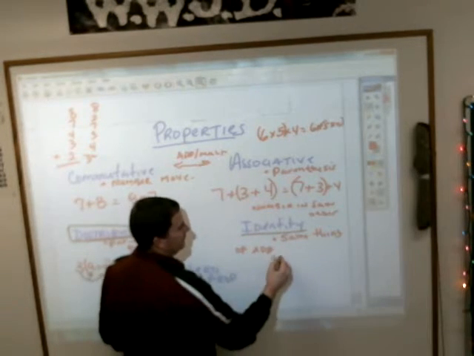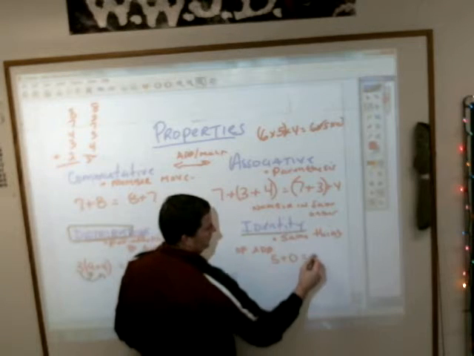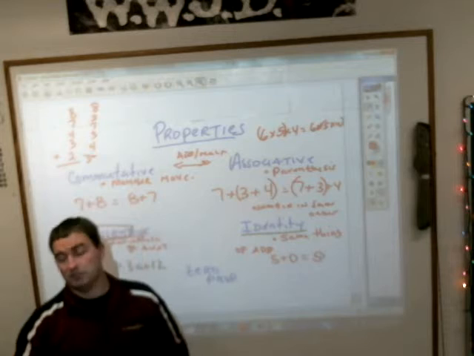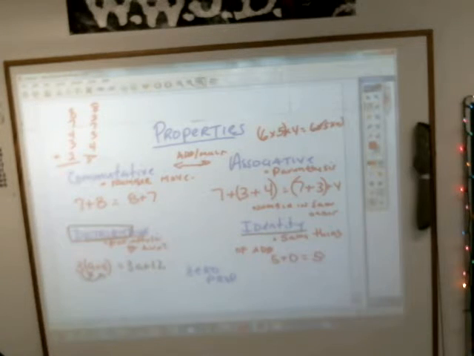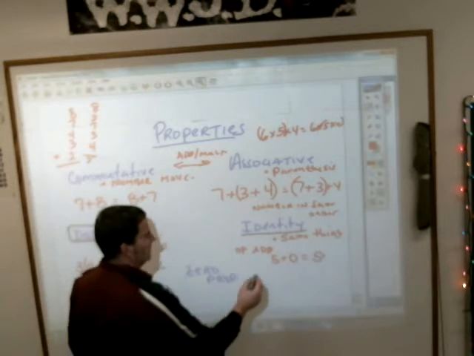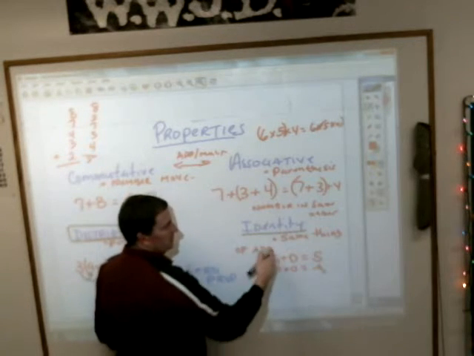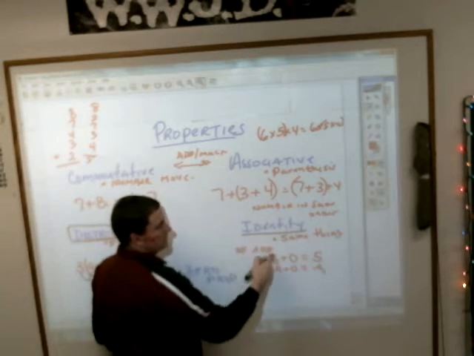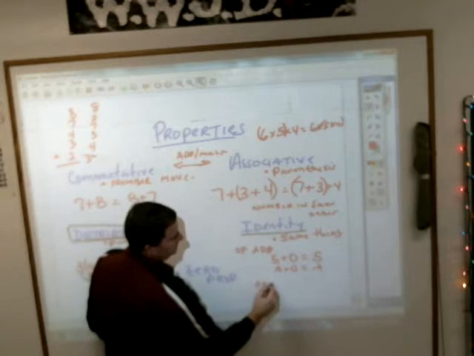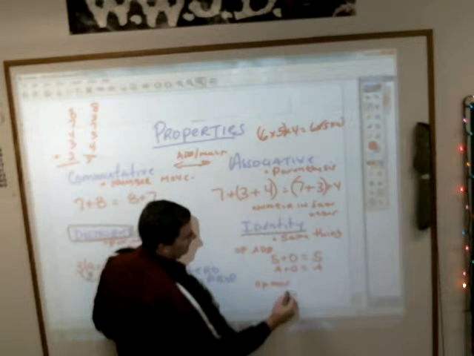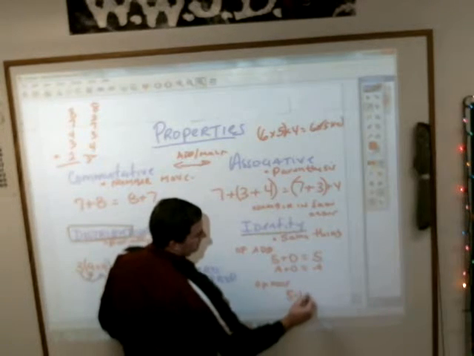Yeah. 5 plus 0 gives you 5. Which might be goofy to you, but it doesn't work with zeros in multiplication because 5 times 0 doesn't give you 5, it gives you 0. So they might go a plus 0 equals a. Adding 0 is the identity property of addition. Of multiplication, the identity property would be to multiply by 1.